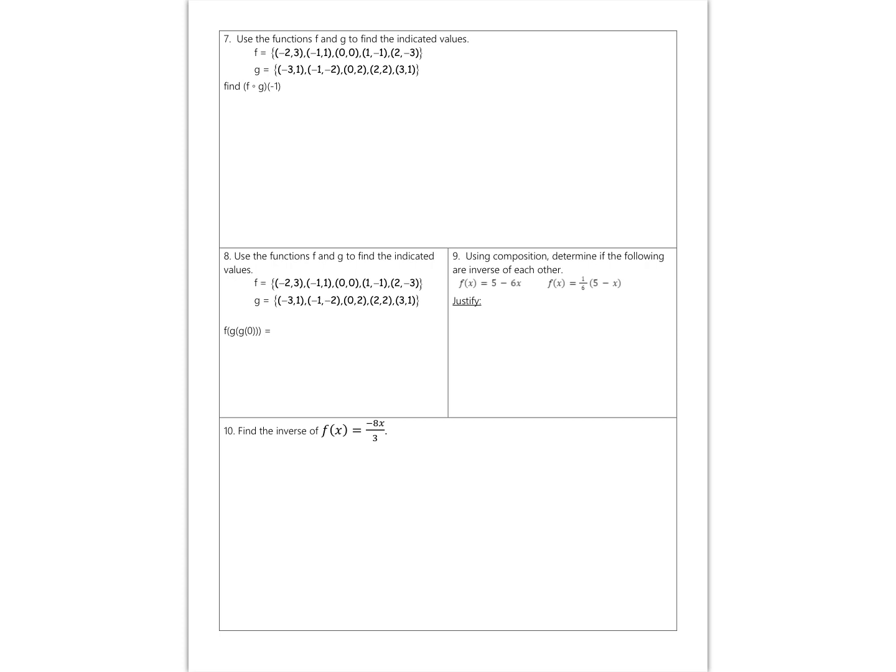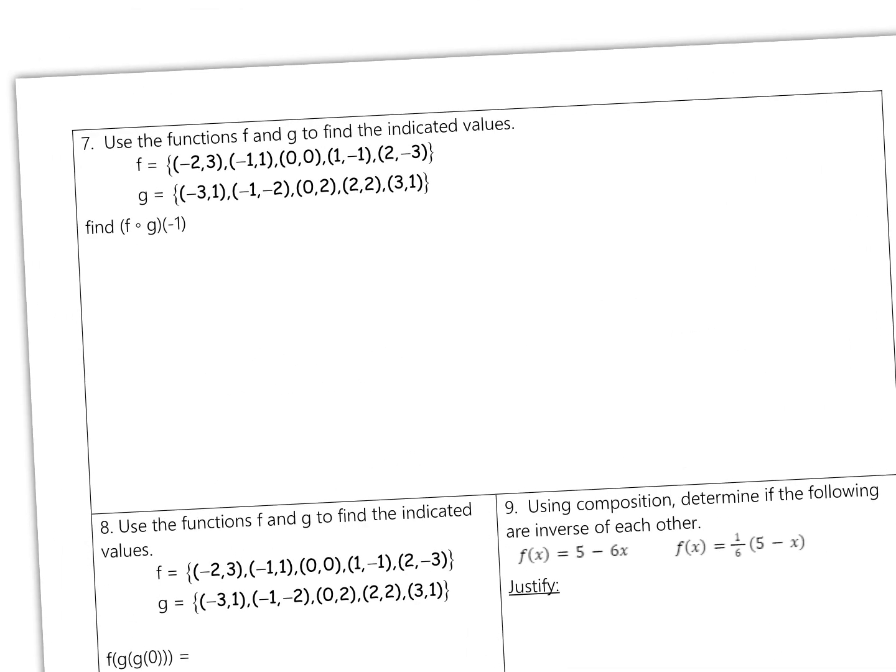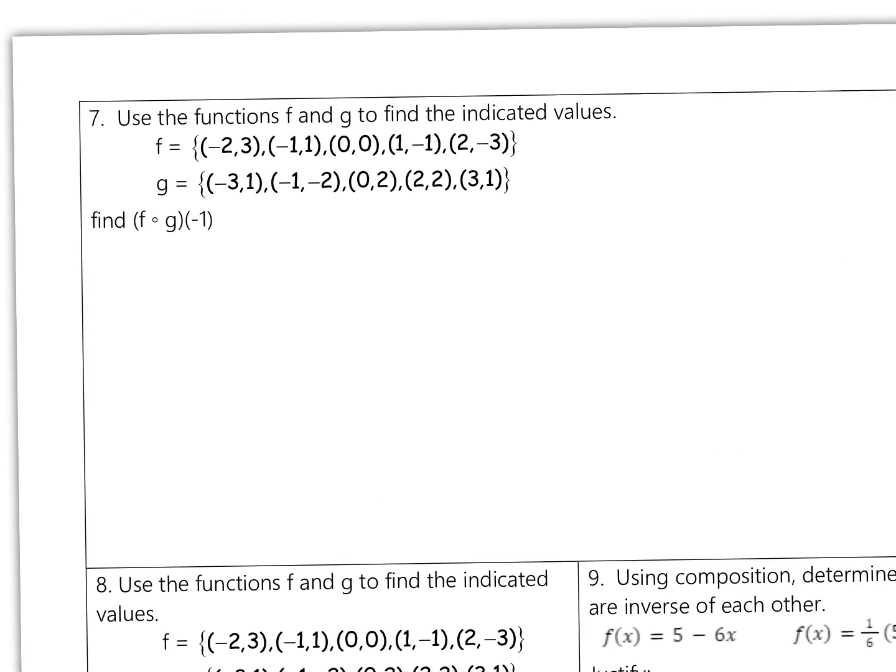Okay, so here on number 7, this one wants you to use the functions to find f of g of negative 1, okay? So if I were to write this out, again, it's f of g of negative 1. Well, you're not given a function to plug this negative 1 into, but you are given the data set with the domain and the ranges, okay?